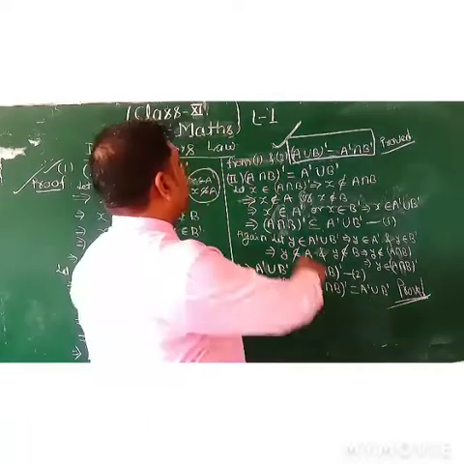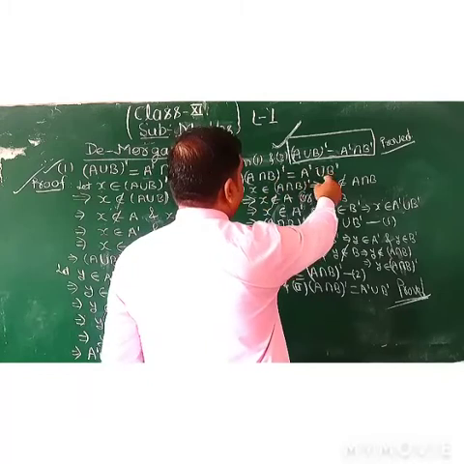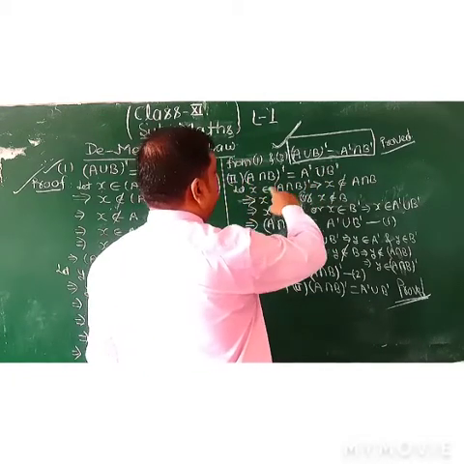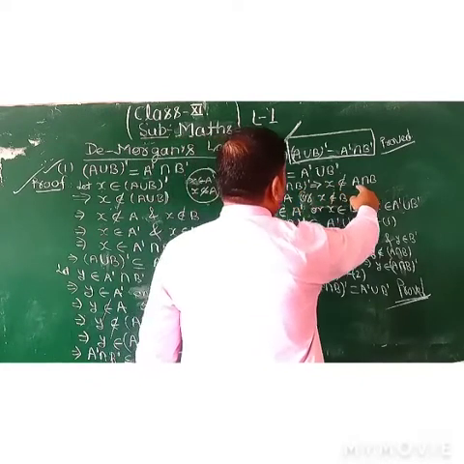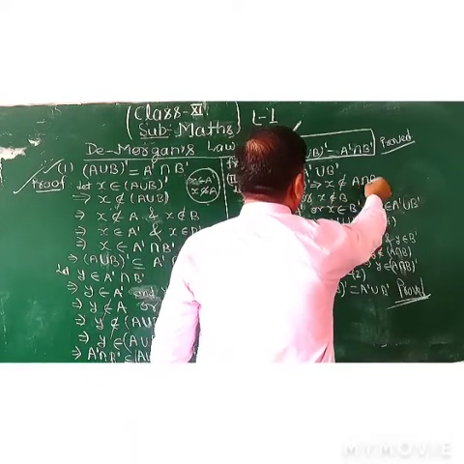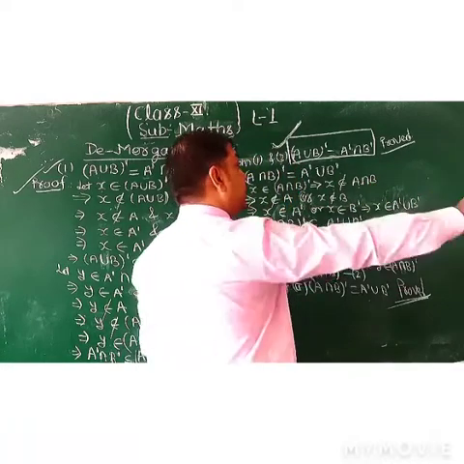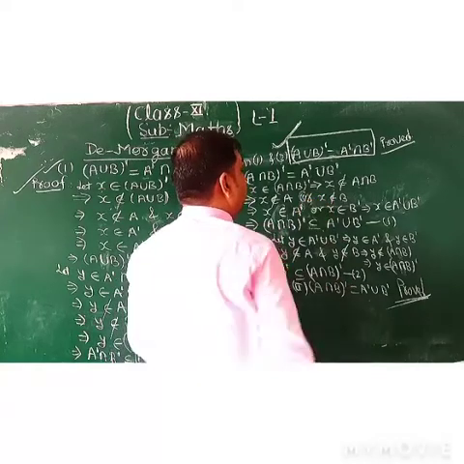Now the second law: (A intersection B)' converts into A' union B'. Let x be an arbitrary element of (A intersection B)'. So x does not belong to A intersection B. You see that there is intersection, which used to be and, but we use or here because it is converted into or.